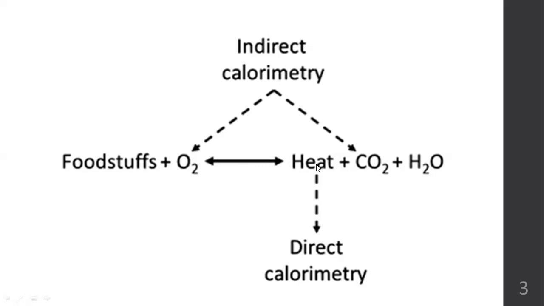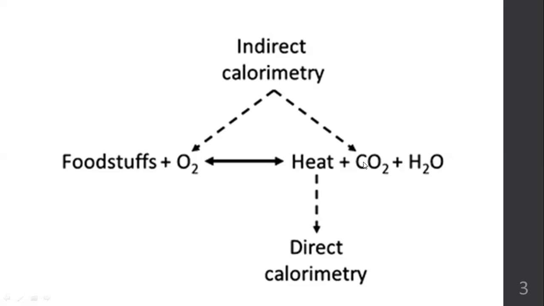Majority, as I mentioned earlier, 60 to 70% of the energy that you get from the food is utilized to make heat in your body. You touch yourself, your body is warm. That warmth comes from the calories that you have eaten. So heat is a byproduct. Heat is the end result of food plus oxygen.